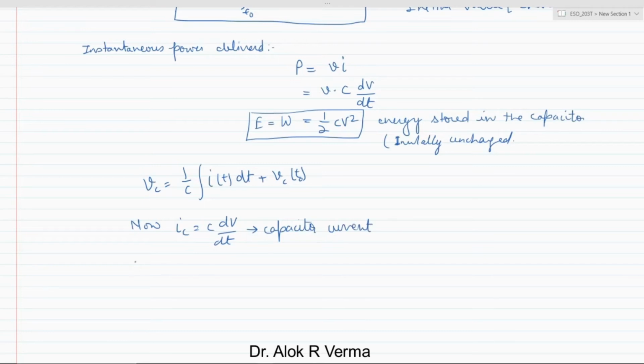So assuming that V of t is constant, what does it mean? It means that the voltage across the capacitor is not varying. So the capacitor is charged to a specific voltage and it's maintaining it, there is no current flowing through it because dV by dt will not be present, it will be 0. So iC is equal to 0 when the capacitor voltage is not changing.